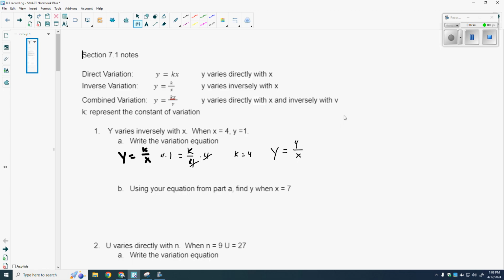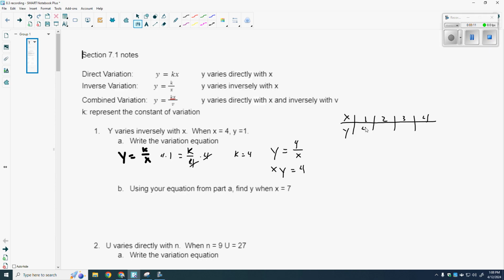Now, if you were looking at a table of values, and the question asks, is this direct variation, is it inverse variation, and so on. Notice that if I multiply both sides by x, then whatever x and y are, if they are inversely related, they have to multiply together to equal this constant, this 4.